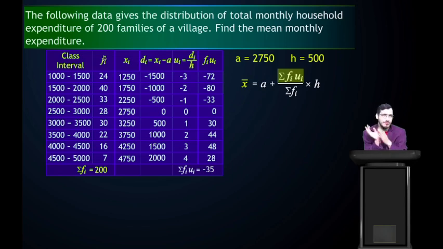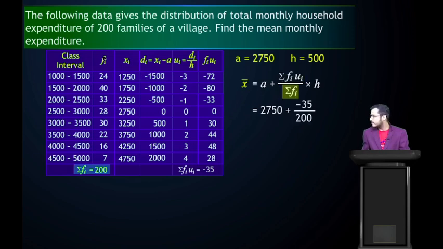Okay, then substitute the values in the formula, that is x bar is equal to a plus sigma fi ui by sigma f into h. So here a is equal to 2750, sigma fi ui is minus 35, sigma f is 200, and h is 500. Now yes, 0 and 0 cancelled out.